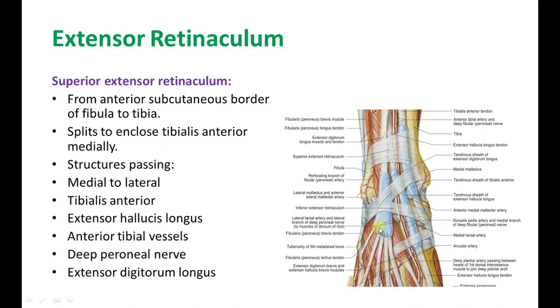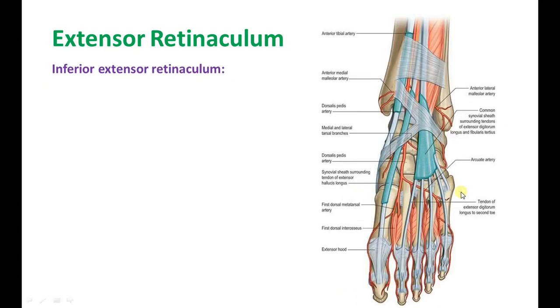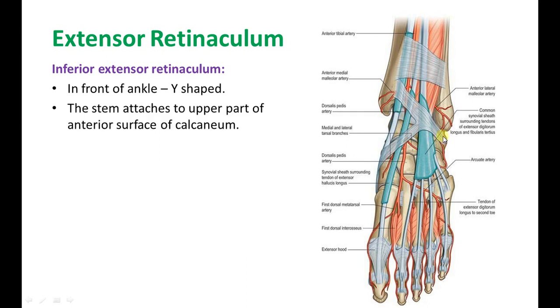The next retinaculum which is present on the dorsum of the foot is the inferior extensor retinaculum. It is Y-shaped, it has a stem, an upper arm and a lower arm. The stem is attached to the anterior surface, upper part of the calcaneum.